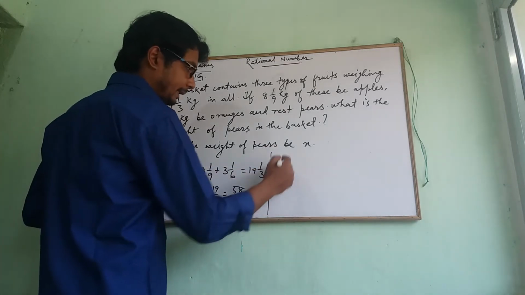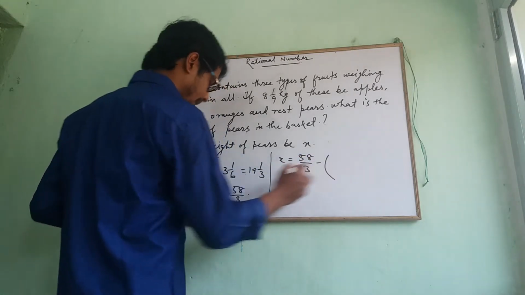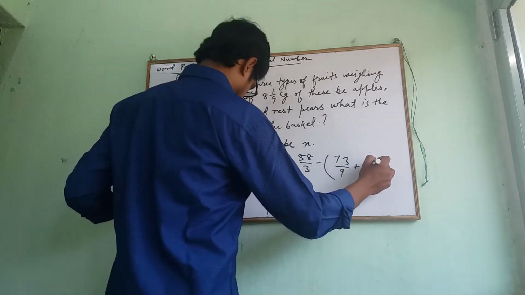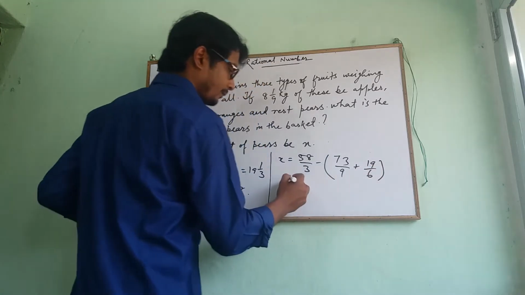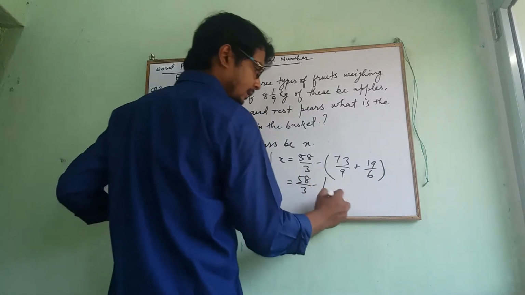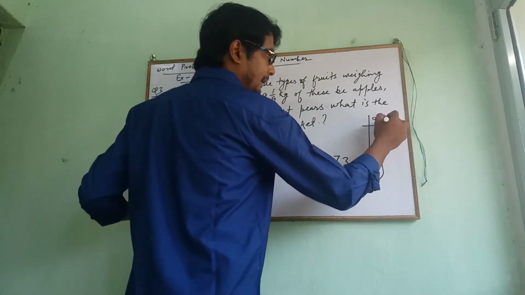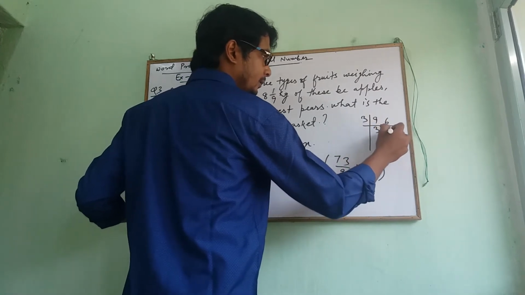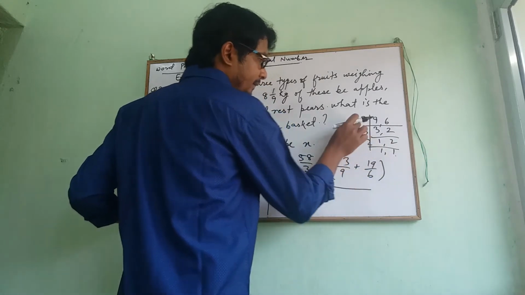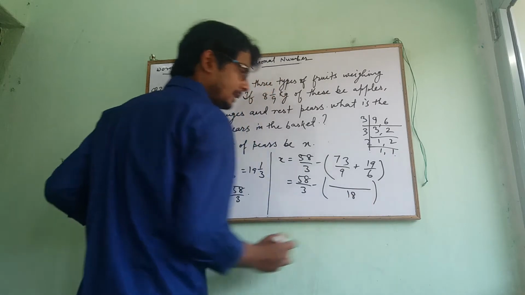So in order to calculate x, the sum of 73 by 9 plus 19 by 6 will be subtracted from 58 by 3. So that will be 58 by 3 minus, I will take the LCM of 9 and 6. So the LCM of 9 and 6: 3 3s are 9, 2 is 18. So 18 is the LCM.